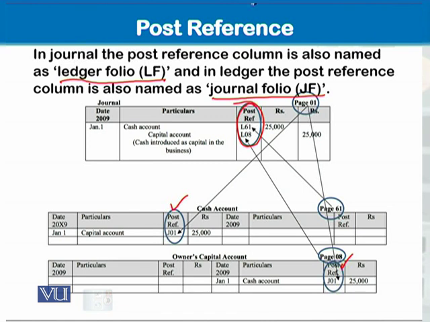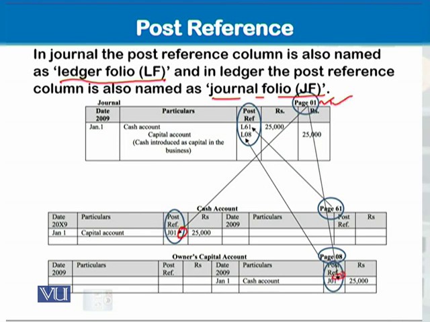So simply observe the arrowheads and you will get it. Where is this arrowhead coming from? It is coming from here. And where is this one coming from? Again from here.